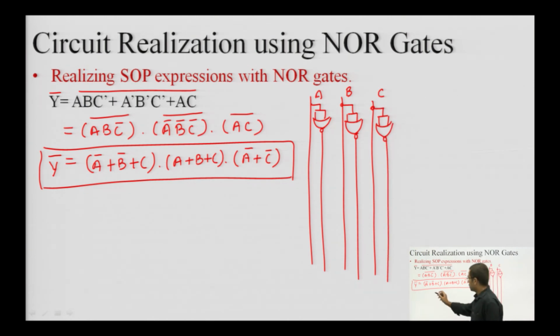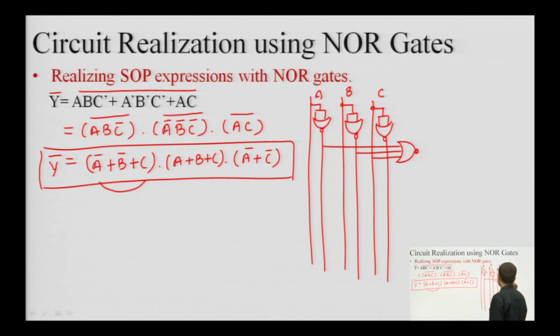So, the first thing is A bar plus B bar plus C. So, A bar plus B bar plus C passing through a NOR gate.